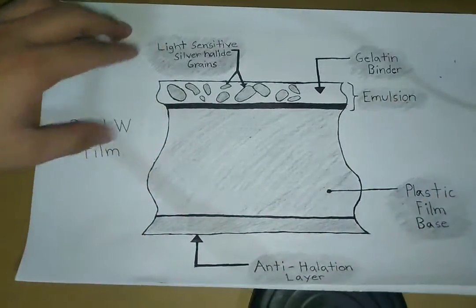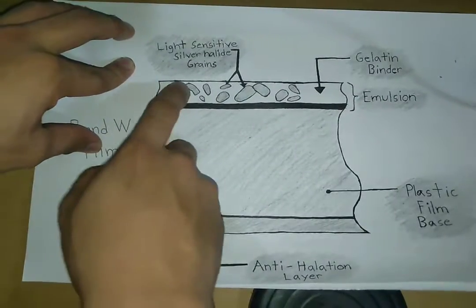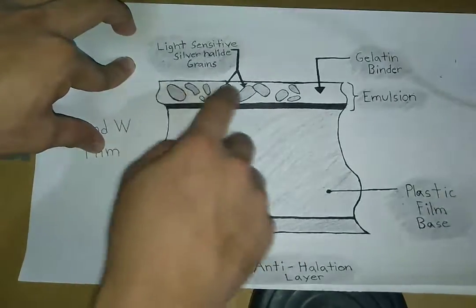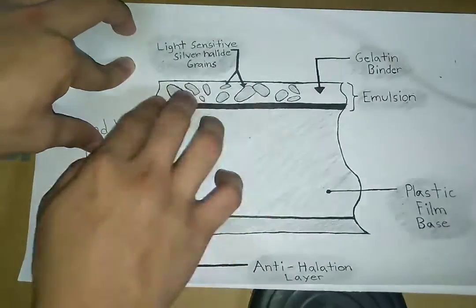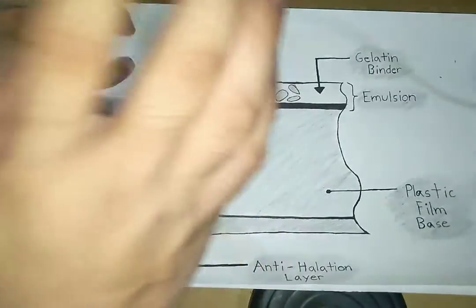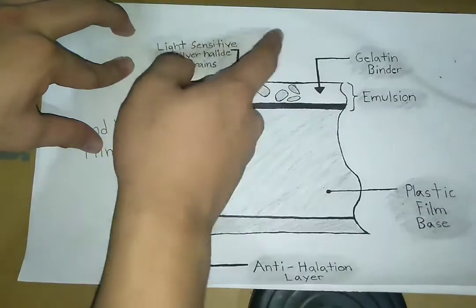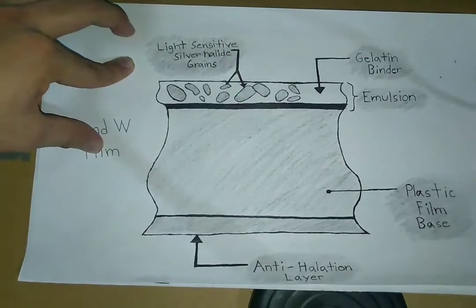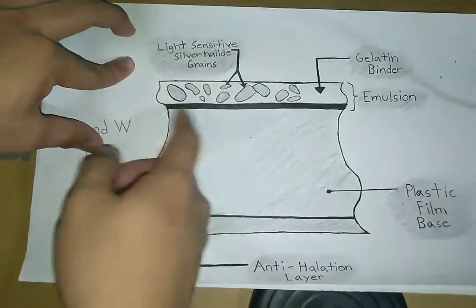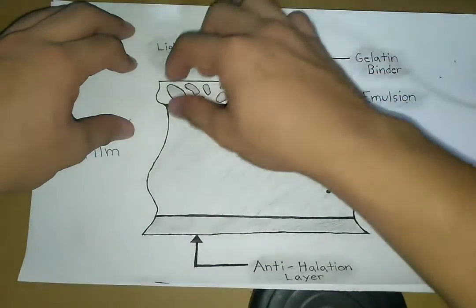Meaning to say, the silver halide grains are the ones inside the emulsion. These little diamond shapes, I'm sorry, are the ones that absorb the light coming from the camera lens, or passing through the lens. They absorb the light with the help of the developing chemical. So, that is the emulsion.